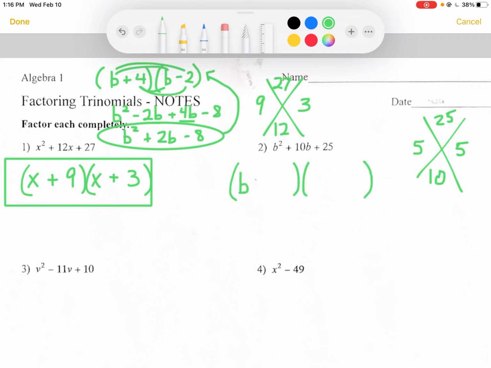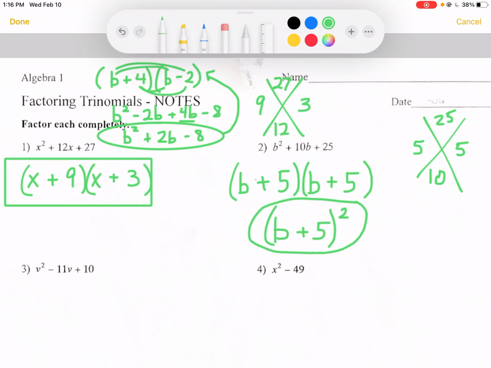So b times b is b squared. 5 times 5 is 25. I need them to add up to 10. So this is one where you can actually go one more step, because they're both identical, so you can write it b plus 5 one time and just have it be squared. That's the way we want you to write that.